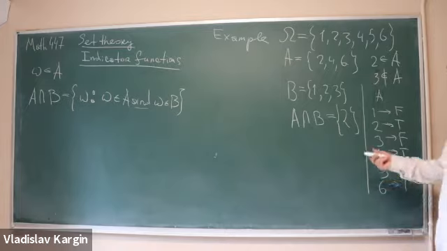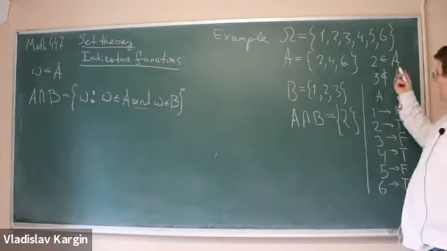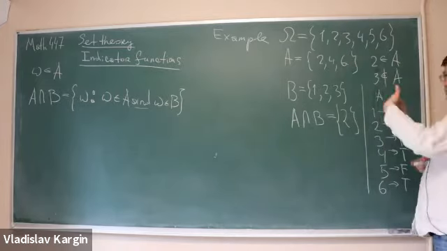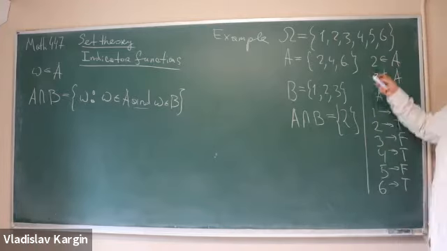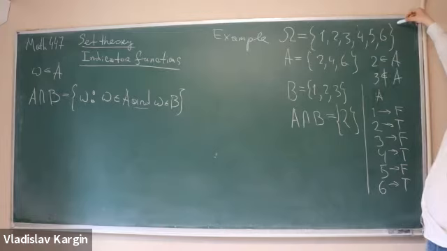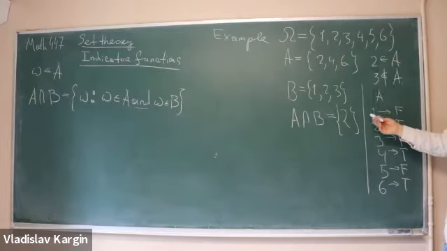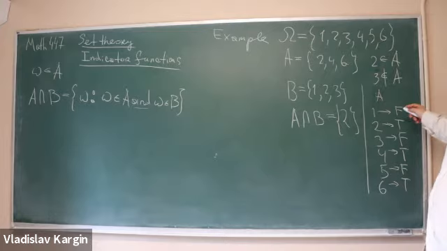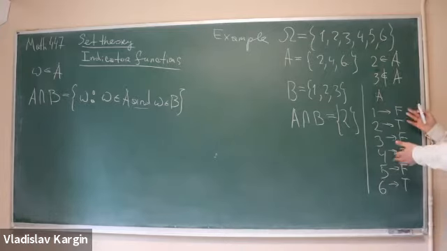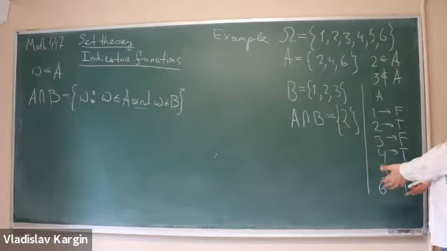Now it's a little bit more clear what we mean by this relationship. It's just a function, a map, on all elements of the global set, which maps 1, 2, 3, 4, 5, and 6 to false or true. And this is a characterization of a set.